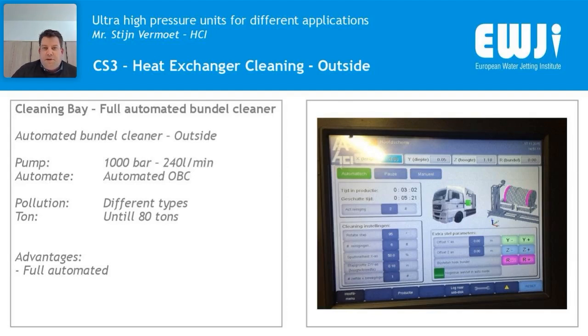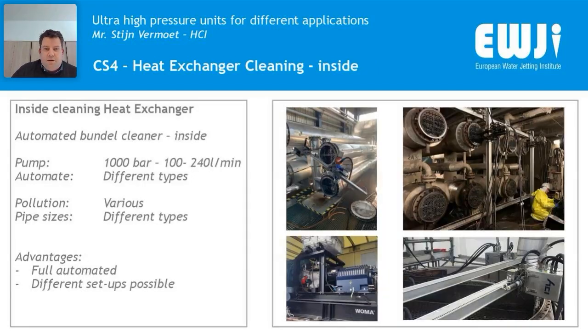Further to the next one, but I think for you it's a lot of known topics. Here we are with inside bundle cleaning. For that we often use a 1,000 bar pump with between 230 liters a minute. You have multiple setups, because sometimes we use it with one hose, sometimes up to 5 hoses, and according to that we can select the right pump.